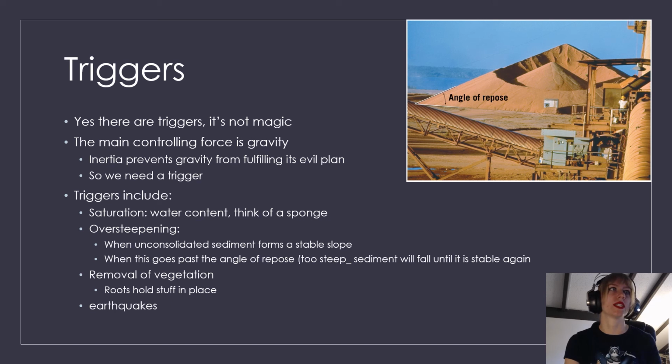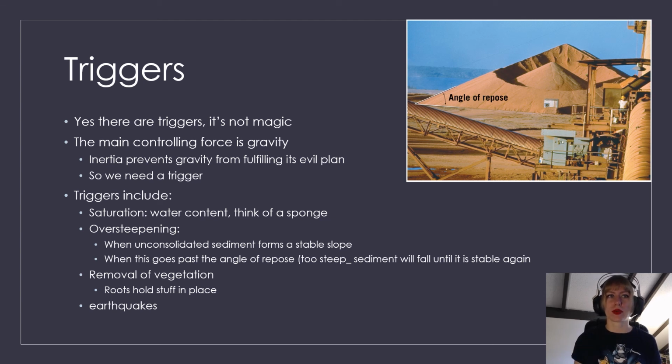So triggers include saturation, which has to do with how much water is in a material. So think of a dry sponge that is desaturated, a wet sponge, it's a regular sponge, but when you add too much water and it becomes saturated and oversaturated, it cannot hold it anymore and it starts to leak.